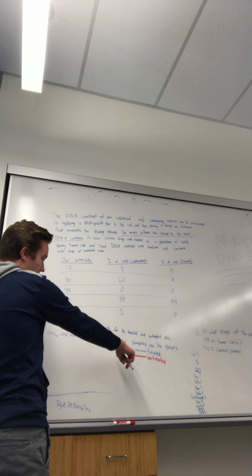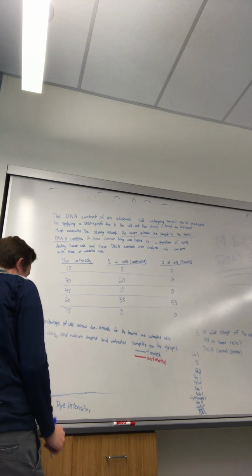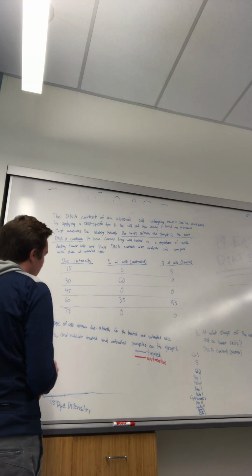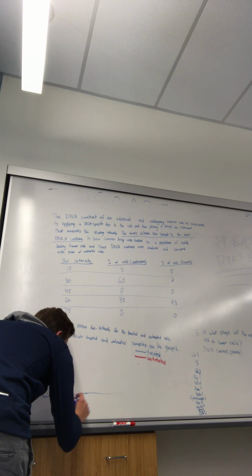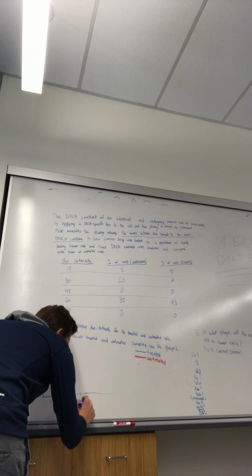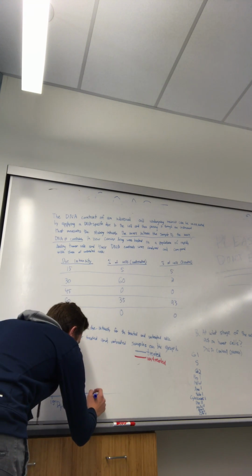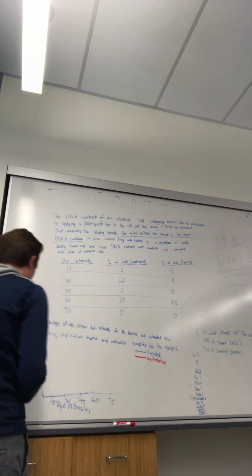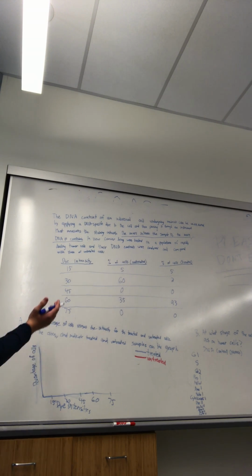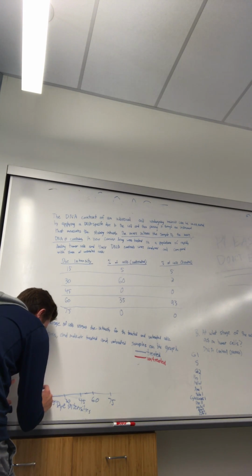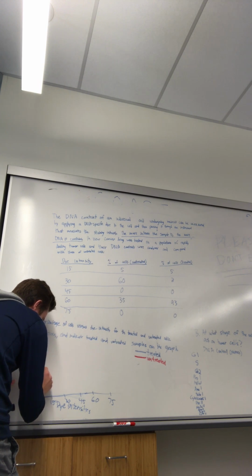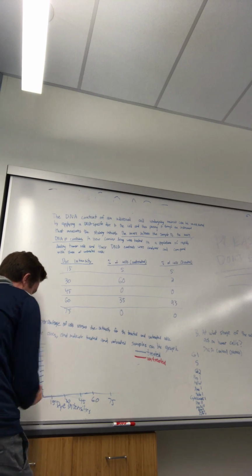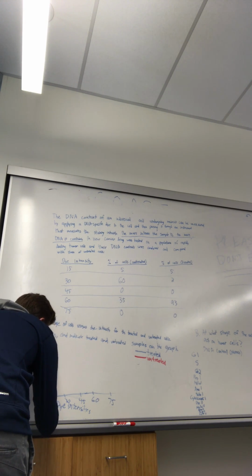I'll differentiate between untreated and treated by color. The dye intensities are 15, 30, 45, 60, and 75. The percentage of cells is going to go from 0 to 100 by tens.